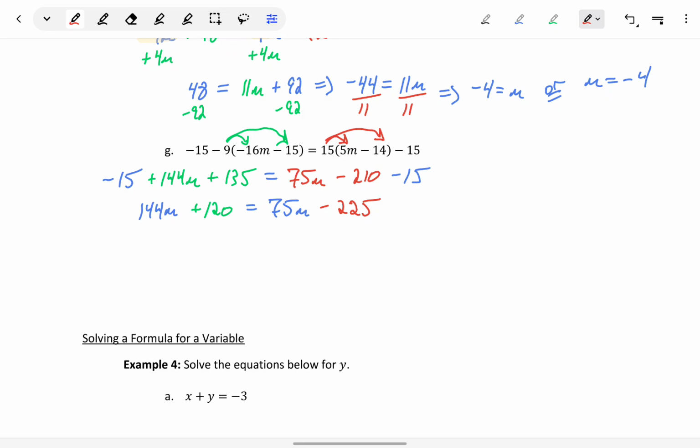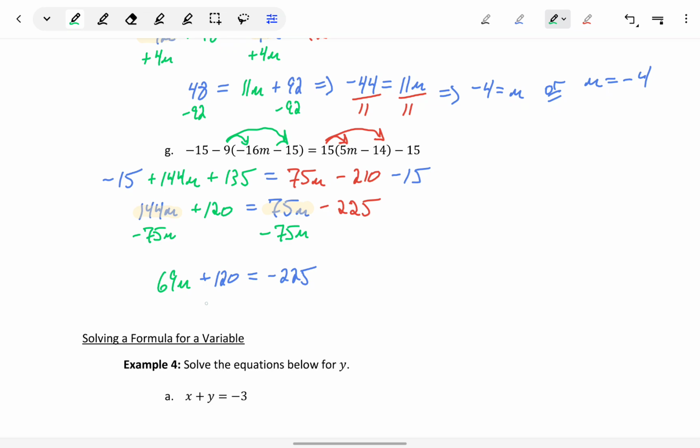Once we've taken care of all of those arithmetic steps, we'll look at collecting all of our variable terms on one side of the equation. To do that, I'm going to subtract 75m from both sides, which will leave us with 69m plus 120 is equal to negative 225.